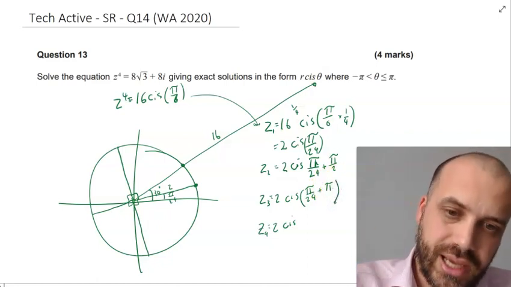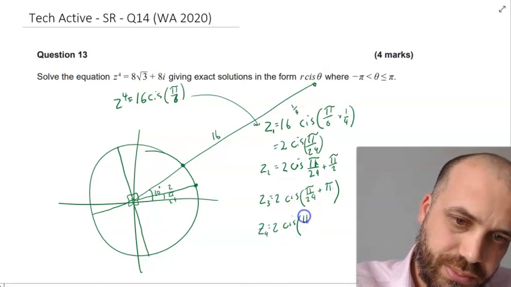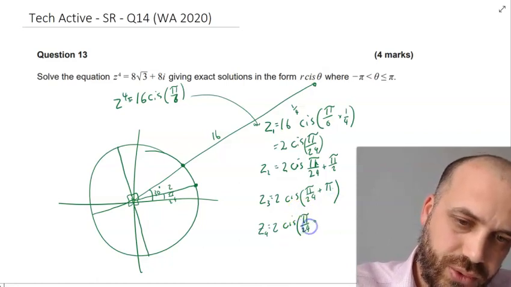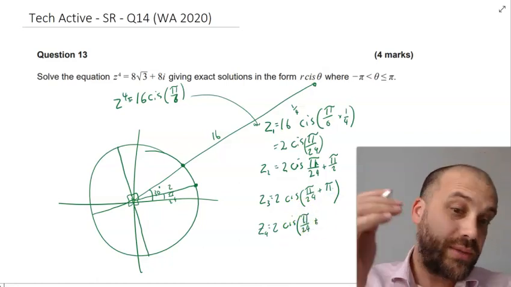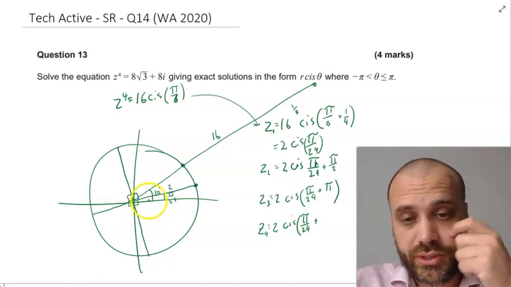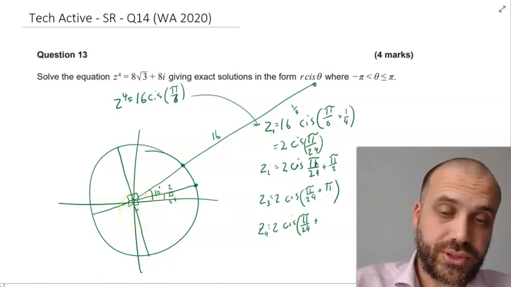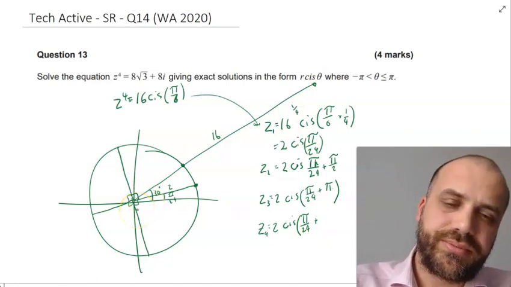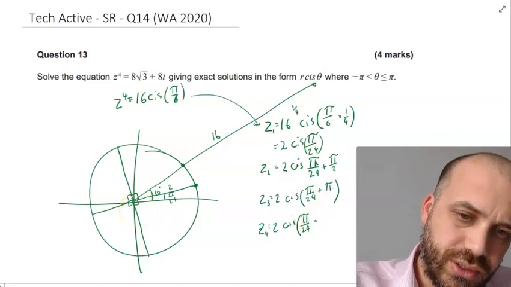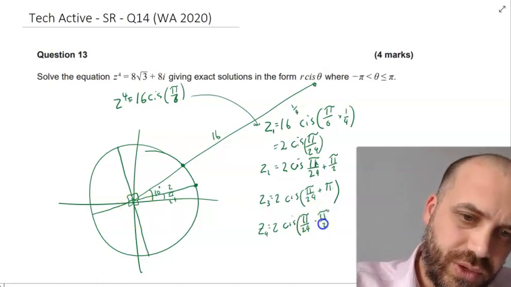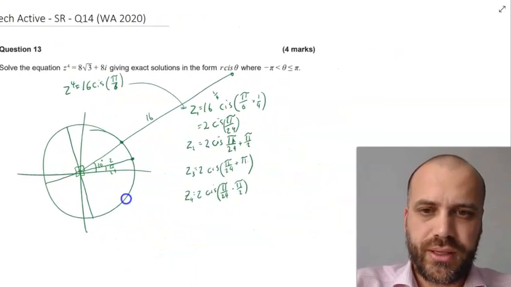And this last angle here is going to be pi on 24 plus 3 pi on 2, or if you want, minus pi on 2. Let's go with minus pi on 2 for reasons that will become obvious pretty soon.